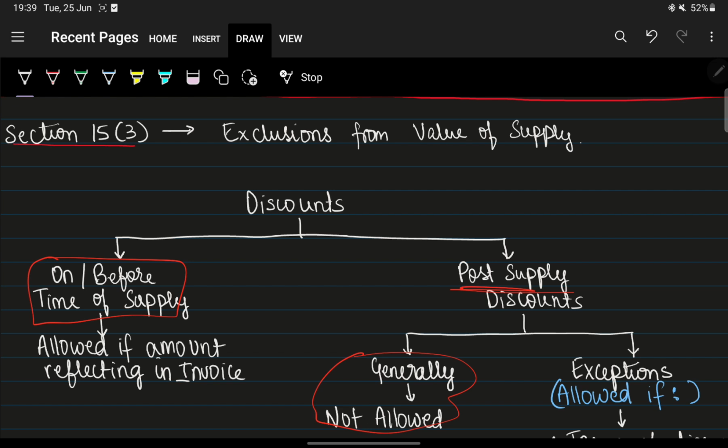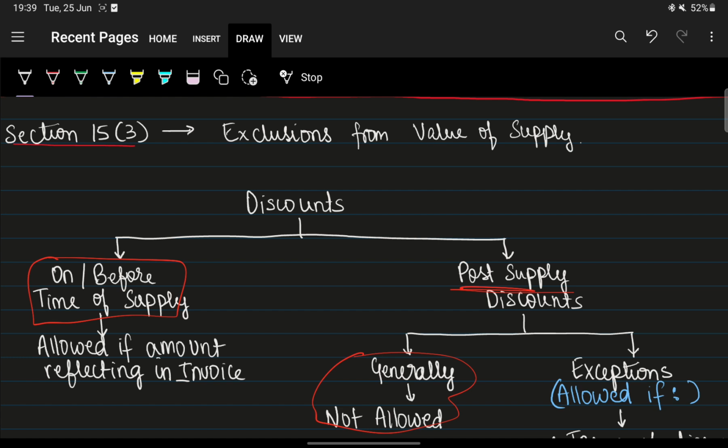So on or before the time of supply, you can 100% reduce the amount of discount given from the value of supply. But if it is post supply, then generally it is not allowed.